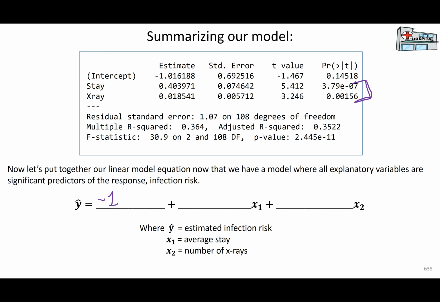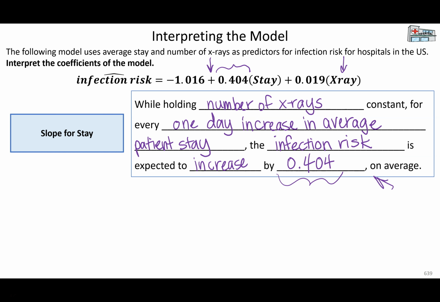So while holding the number of x-rays constant, if you have one hospital where the average stay is 4 days and another hospital where the average stay is 5, we're thinking the hospital with the 1 extra day is going to have a higher infection risk of about 0.404 on average.